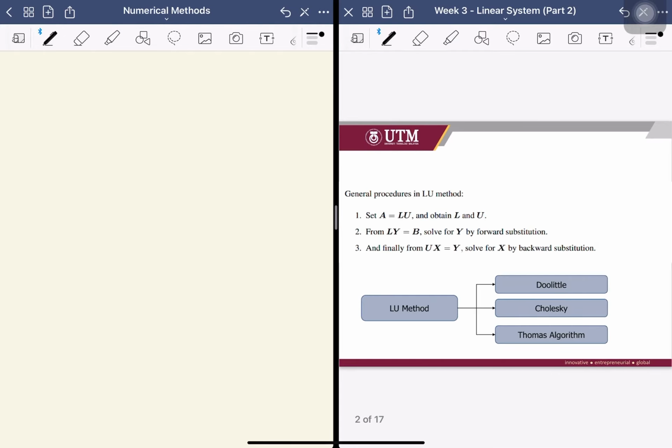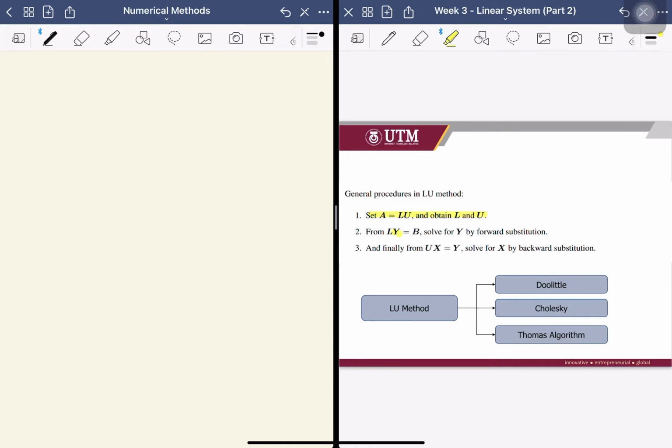Now we'll see the general procedure in LU methods. As I mentioned just now, we set A equal to LU, and then you obtain the components of L and U. From that, we solve to get y first by using forward substitution.